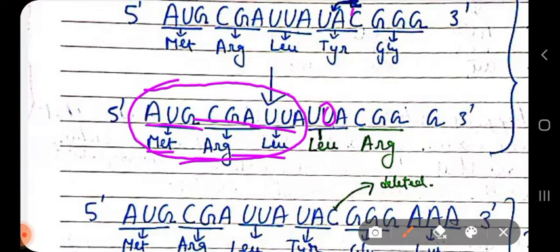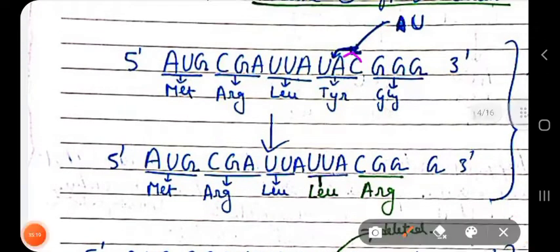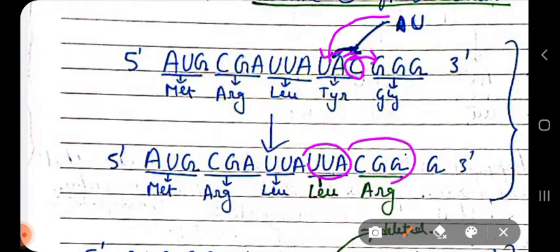As the U is added in this region, it becomes UUA, and the C has been shifted to the next codon because codons are adjacent to each other, and thus it now becomes CGG. Due to the insertion, UUA now codes for leucine, and CGG will code for arginine instead of glycine.